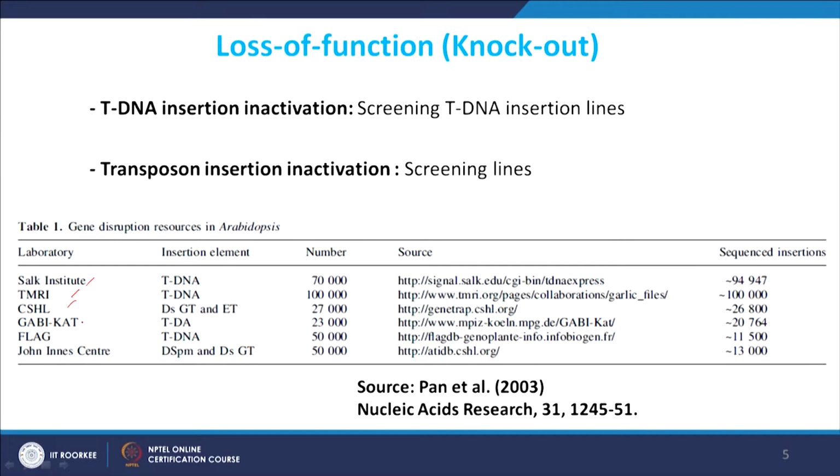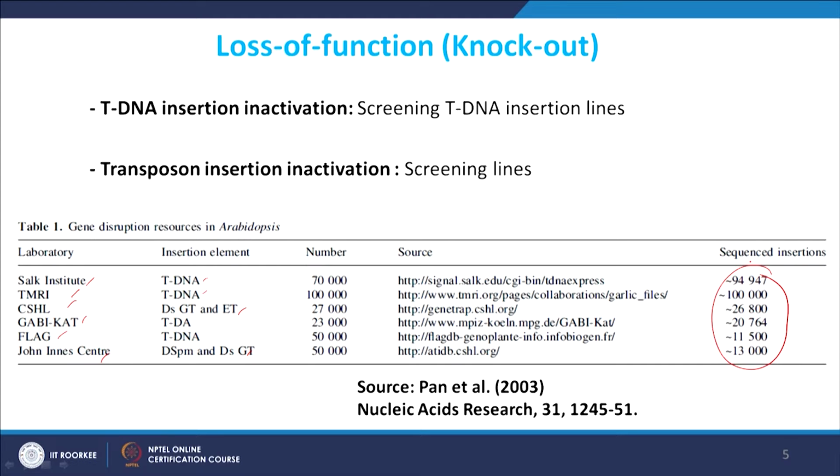As I said, initially people worked at a very global level. They generated a large number of tDNA insertion lines or transposon insertion lines, and those lines have been deposited in databases. There are many databases, laboratories and projects that have generated large numbers of these lines, and all these mutants have been preserved and protected.